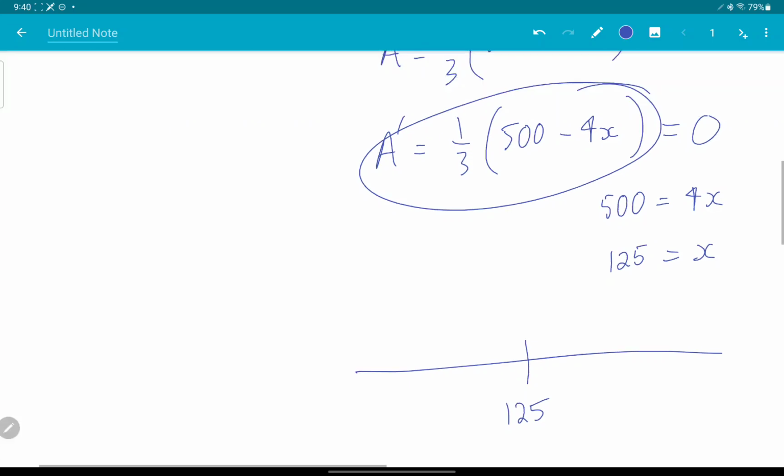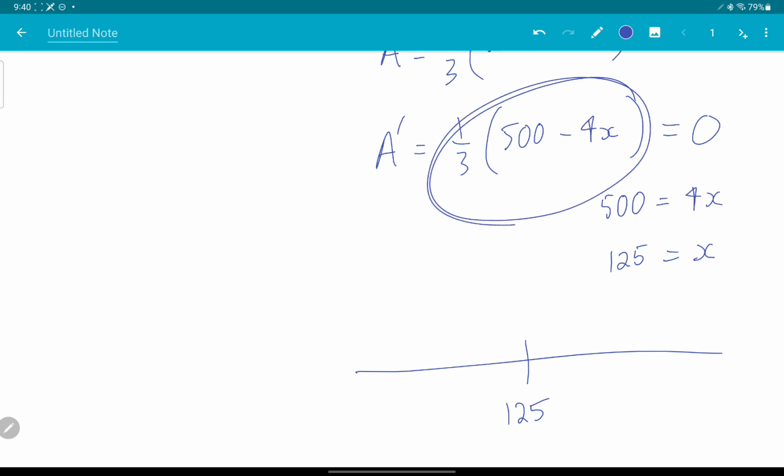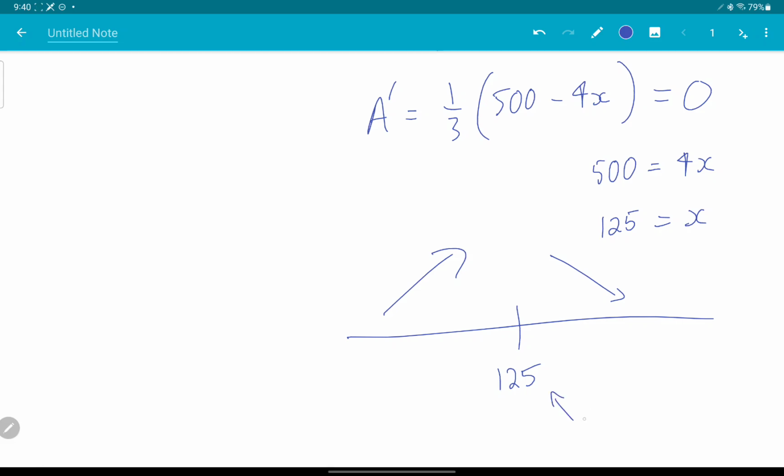If I plug in, say, x equals 0 here, I think you'll see I get a positive, so it is increasing here. And if I plug in, say, 200, which is over here, this will end up being negative, so my derivative is negative. Boom. So this is indeed the max I'm looking for.